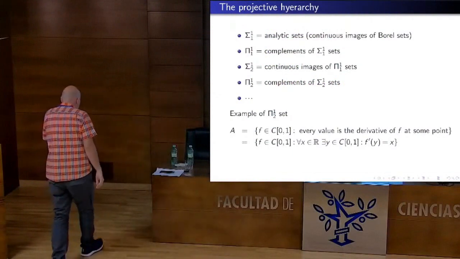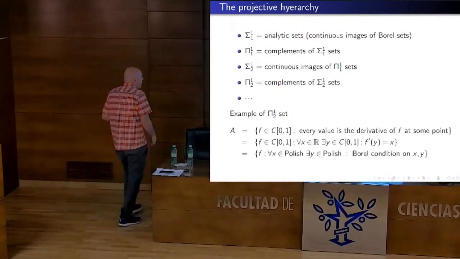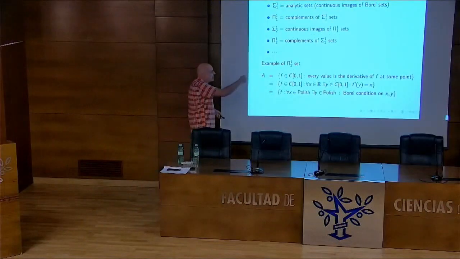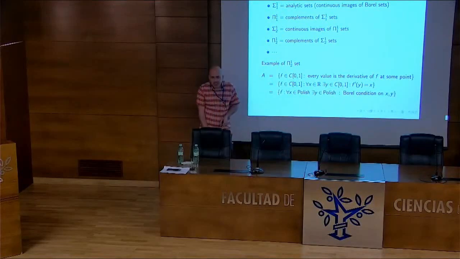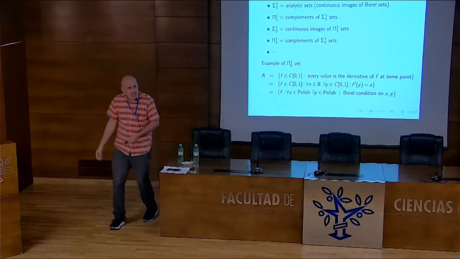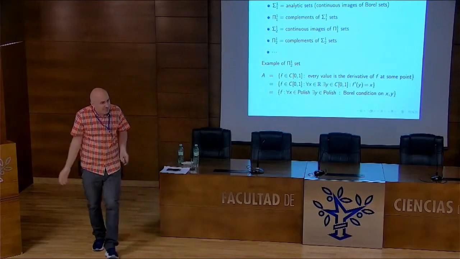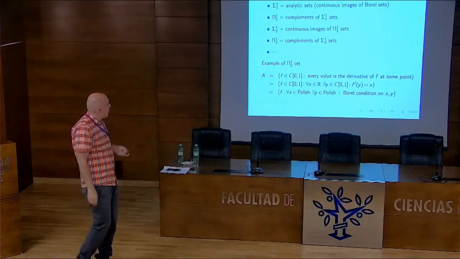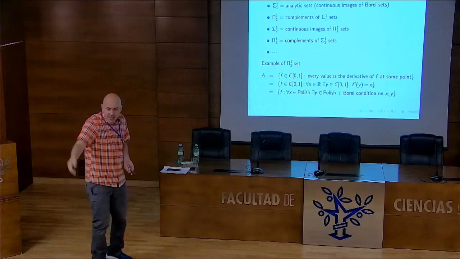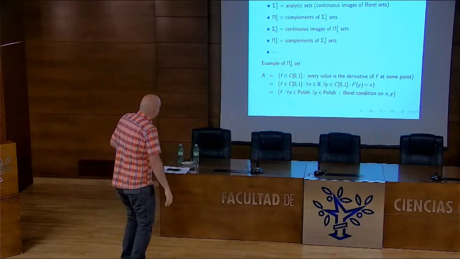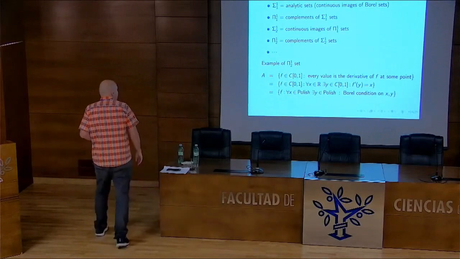So in the end, I have the set of f such that for every x in some Polish space, there is a y in some Polish space, and then something which is Borel. I see two quantifiers, and because these are quantifiers over Polish spaces, I get Pi 1 2. So this is just counting quantifiers when you express your set in some way.